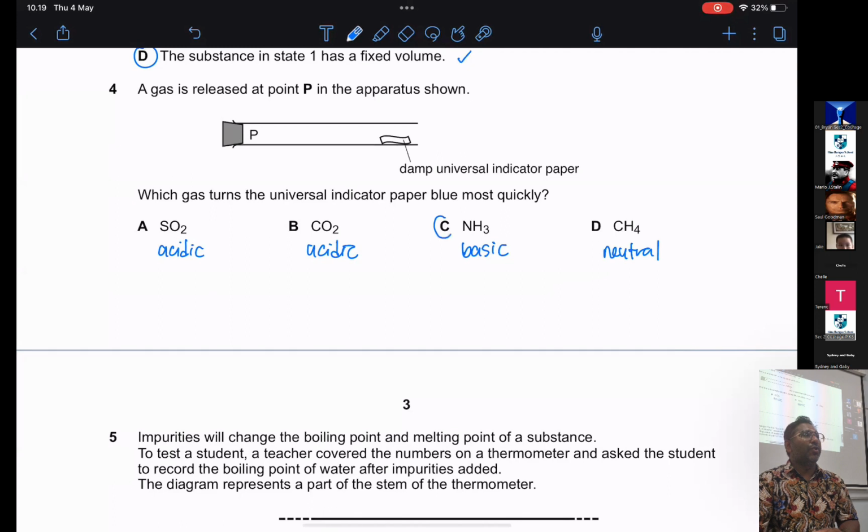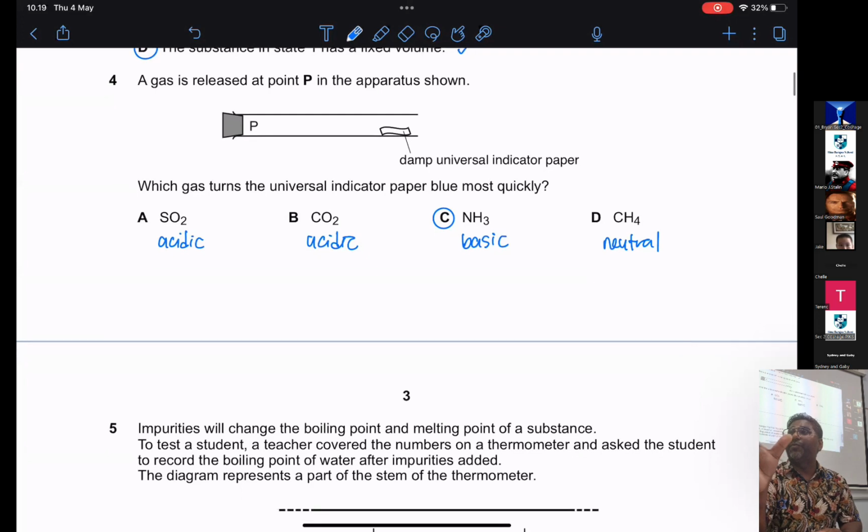But when you test with litmus paper, you will not see the color change from blue to red or even red to blue, because Cl2 will bleach the litmus paper. Even though it's acidic, the color will be removed. Let it be blue litmus paper or red litmus paper, the color will be automatically removed.